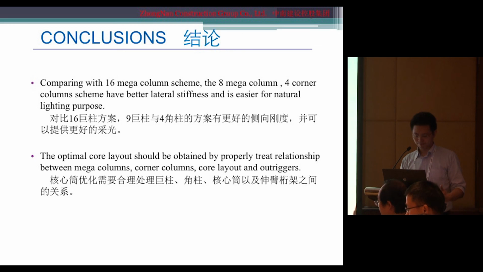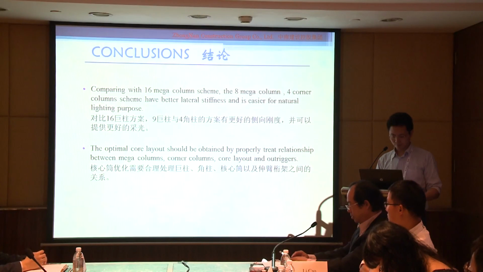And during the design of the core layout, we should also take into consideration the distribution and the relationship between the mega columns, corner columns, and the core and the outriggers.